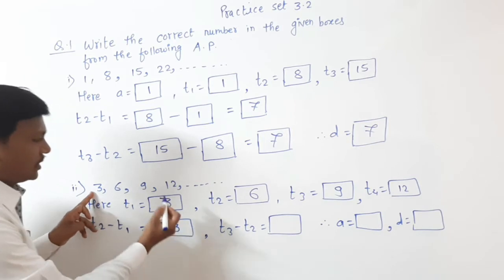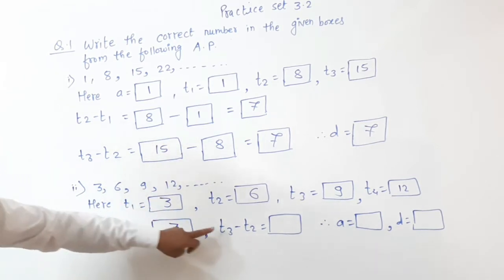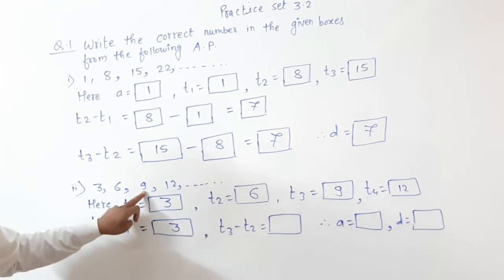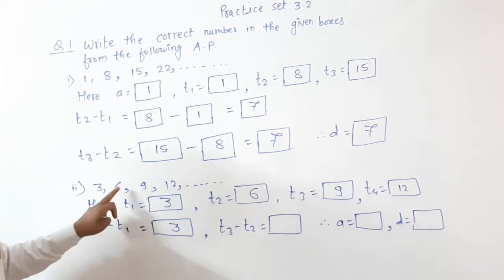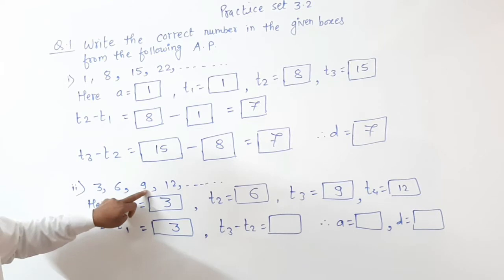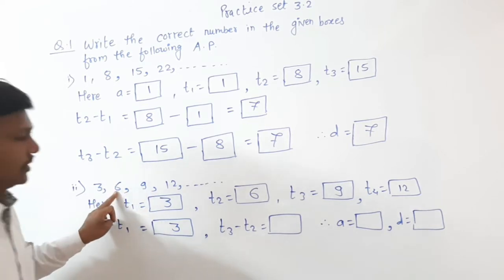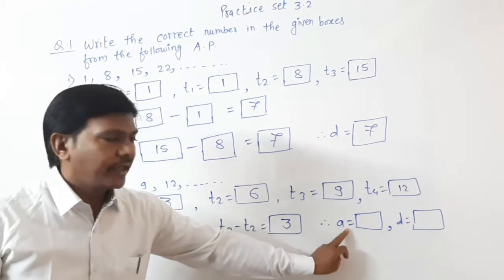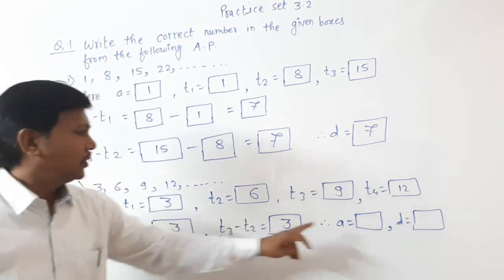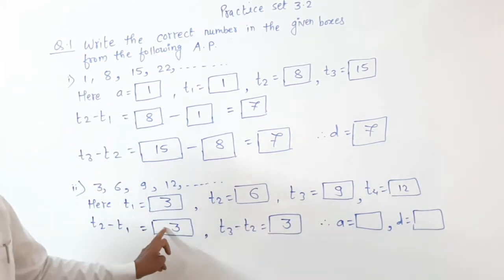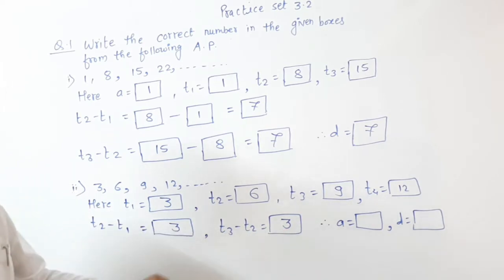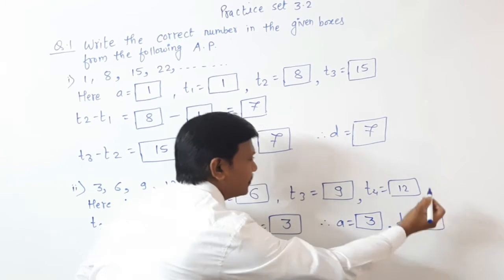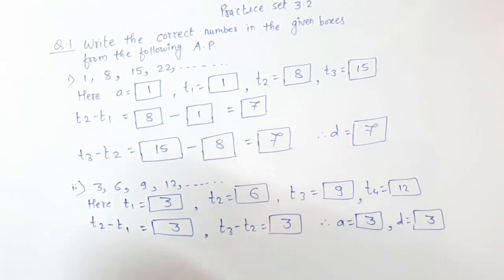So here it is 3. Then the third term means T3 minus T2. 9, that is the third term. Second term is 6. So 9 minus 6, that is 3. Therefore, what is A? It means the first term. So A is 3 and the common difference is also 3. So we write therefore A is 3 and common difference D is also 3.